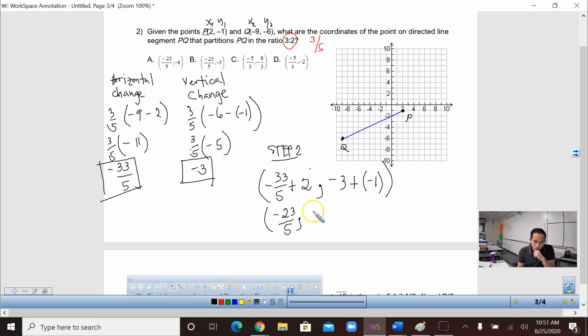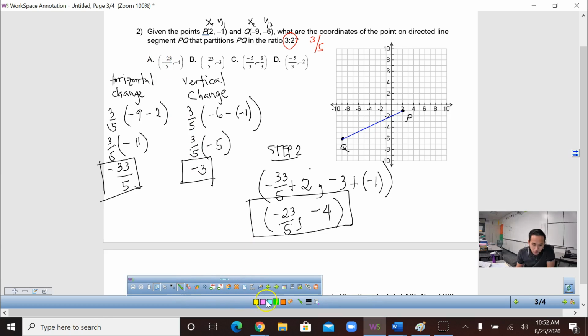So this is now the partition point. If I'm going to highlight the answer, it would be A. So the answer would be A in this situation.